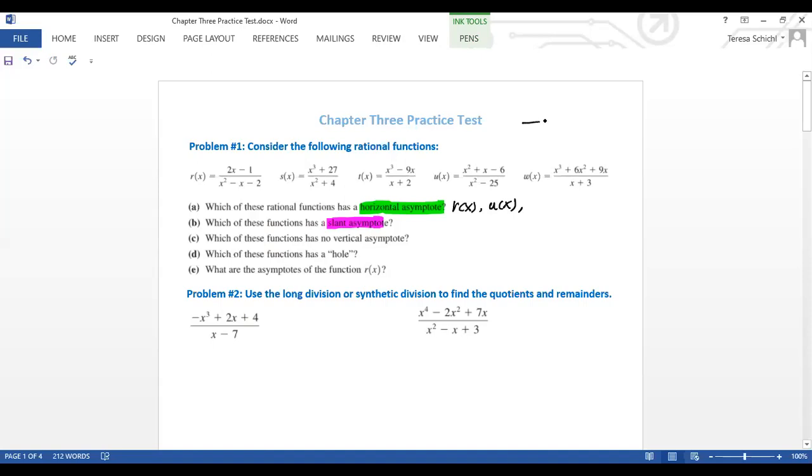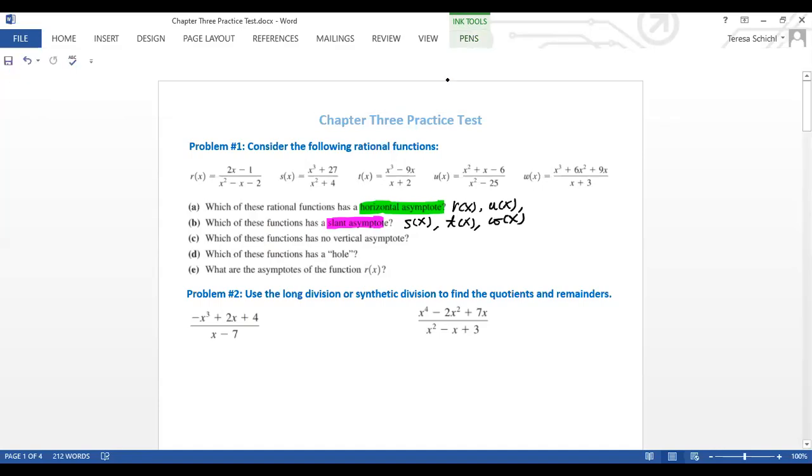You will get some function plus the remainder. So S(x) has a slant asymptote here. For T(x), the slant asymptote exists, but it's not a line anymore because after dividing, it will be x squared. But still it's a slant asymptote, so T(x) exists. The same is true for W(x), because the numerator degree is bigger than the denominator degree.